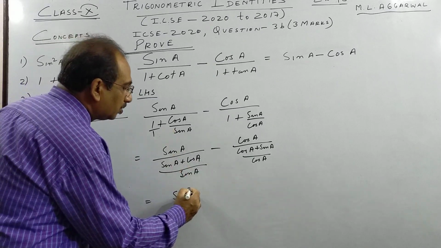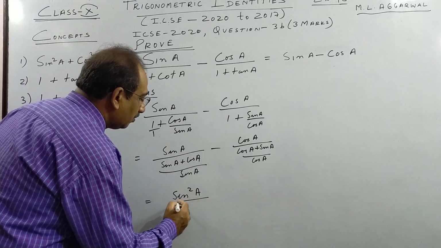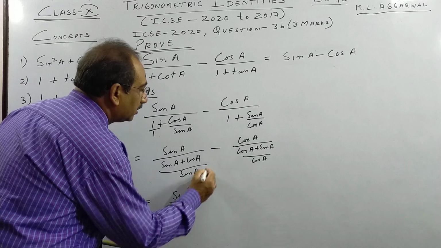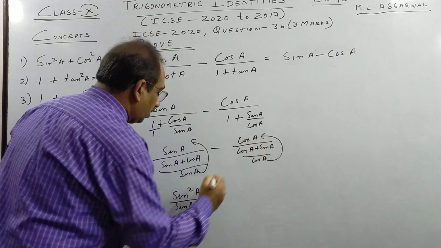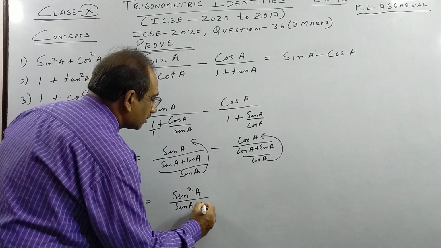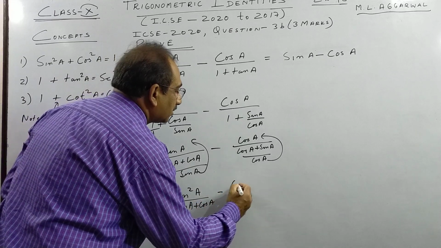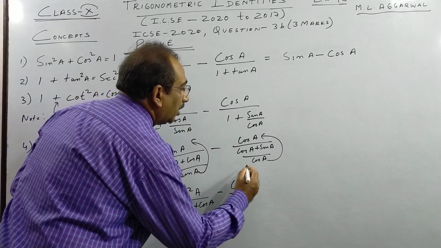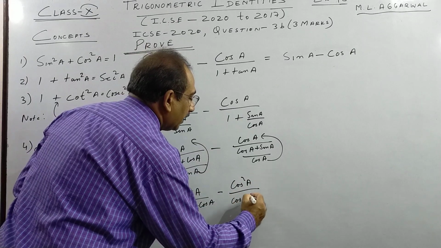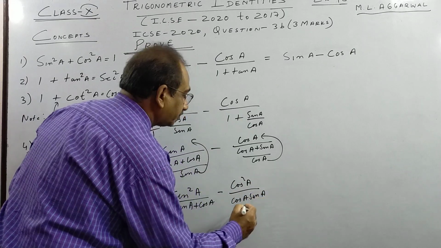Down goes up. So this is sine square A by sine A. This goes up. Same way this will go up. Sine A plus cos A minus cos square A by cos A sine A.